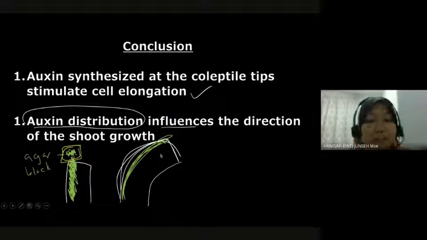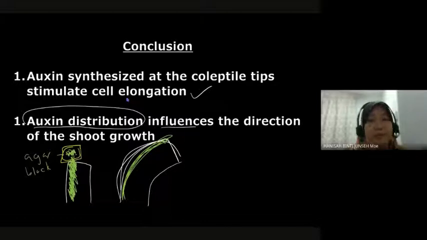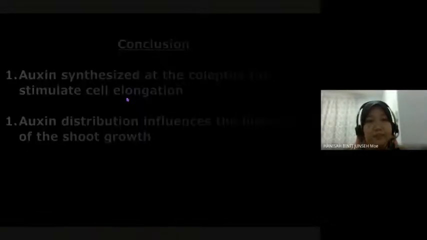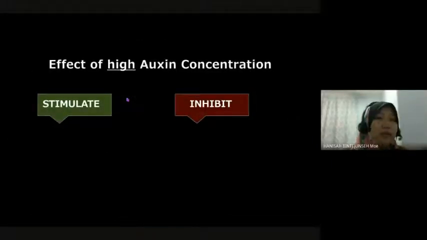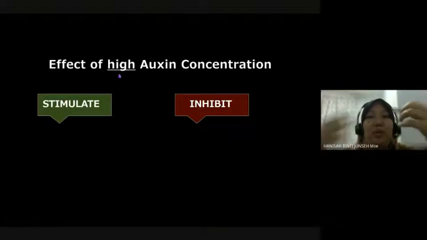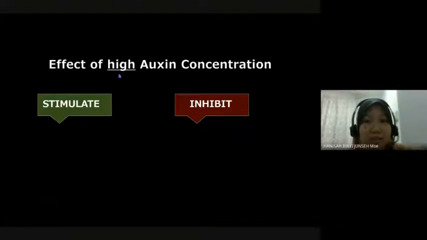So having this idea, now we can understand what the roles of auxin in phototropism are. Kita tengok next. Okay, before that, effect of high auxin concentration. We know auxin is to stimulate cell elongation, right?